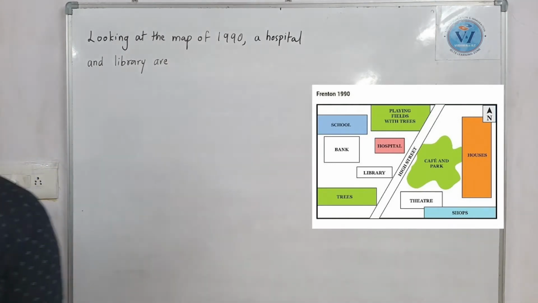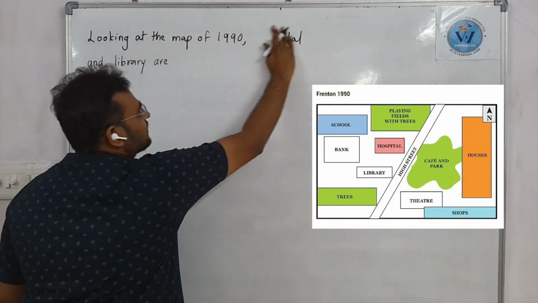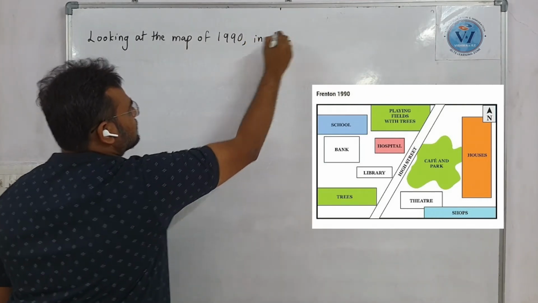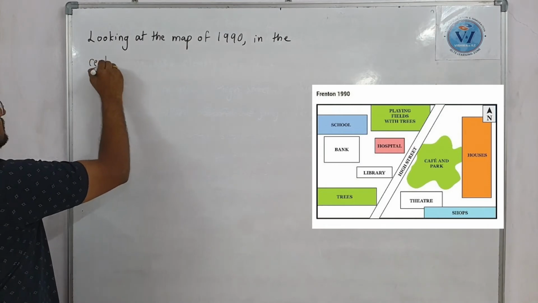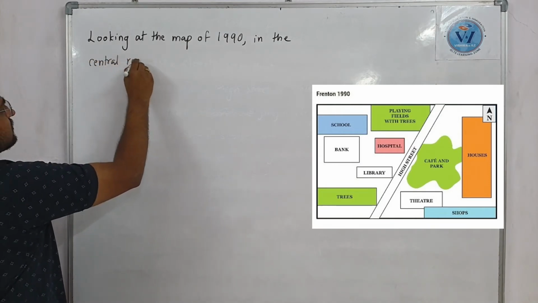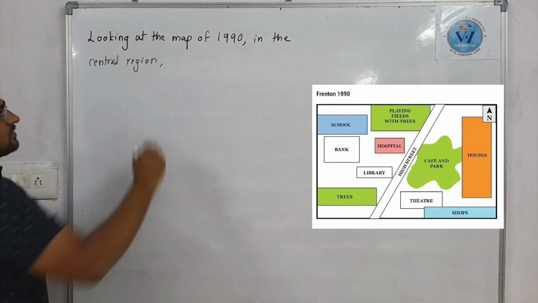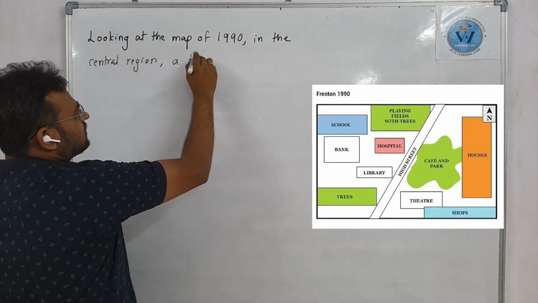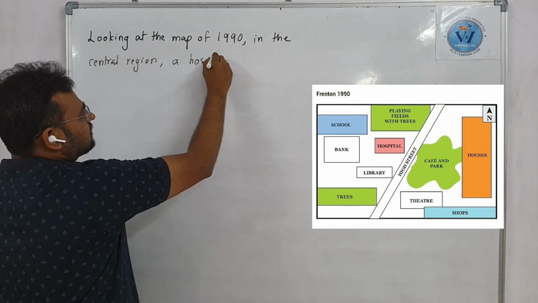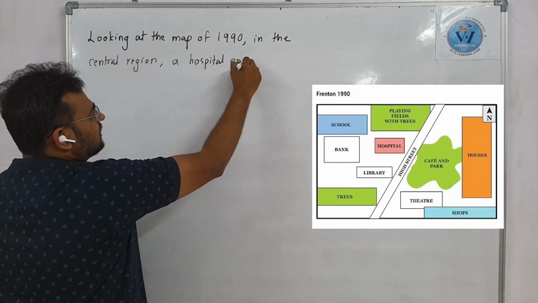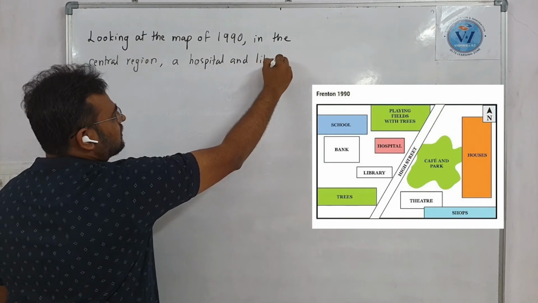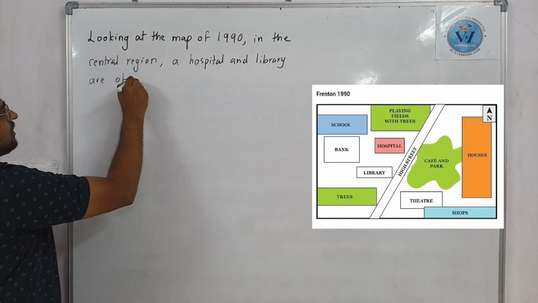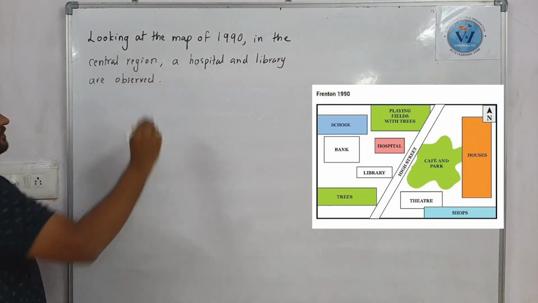Okay. See, we are seeing the central part. So I will write down that in the central region, a hospital and library are observed.